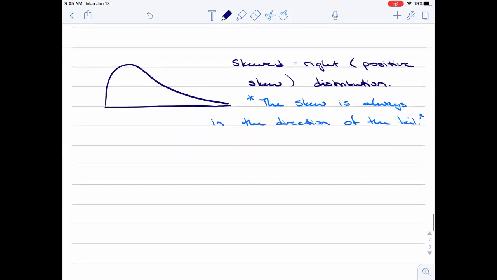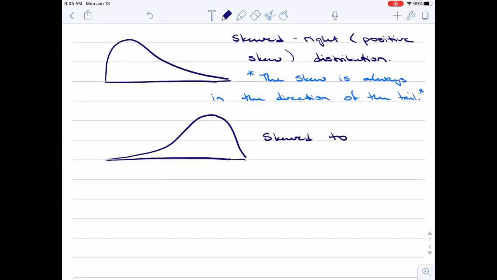Okay, and so same idea here. We could have something that looks like this. Well, this is skewed to the left, or skewed left, or negative skewed. It's always skewed in the direction of the tail.